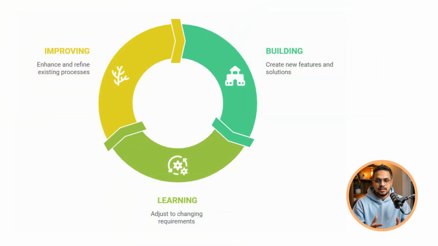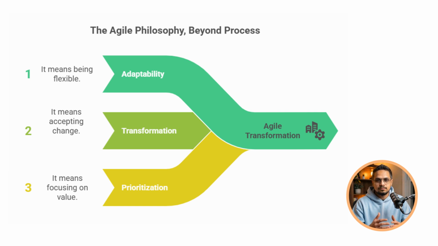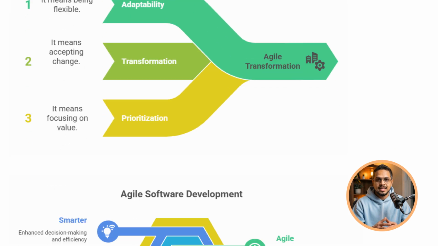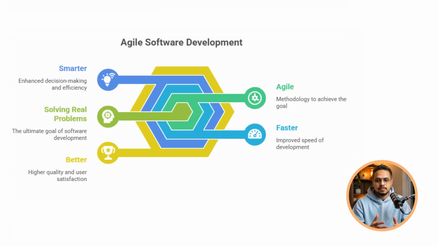But let's be clear, Agile is not just a process, it's a mindset. It means being flexible, it means accepting change, it means focusing on value, not just the output. Because at the end of the day, software isn't about writing code. It's about solving real problems for real users.